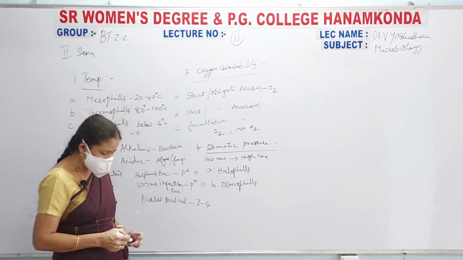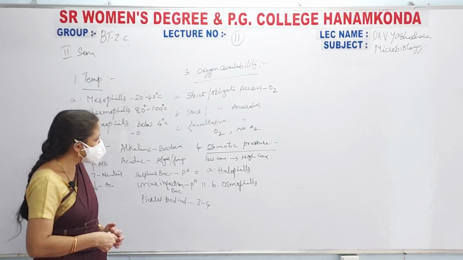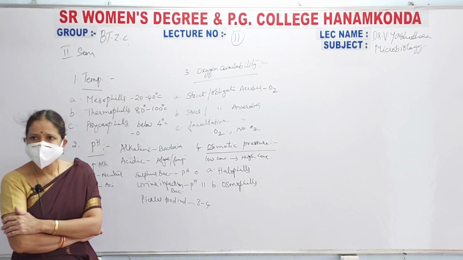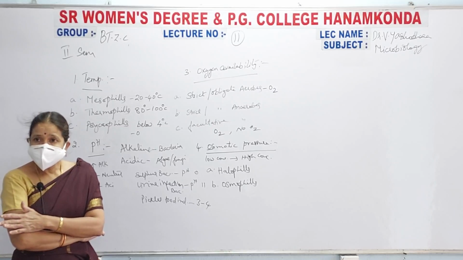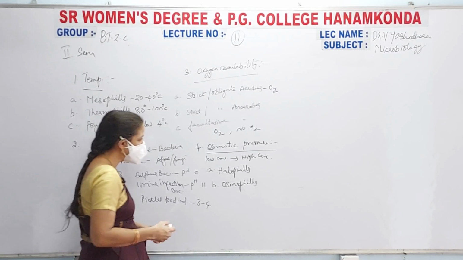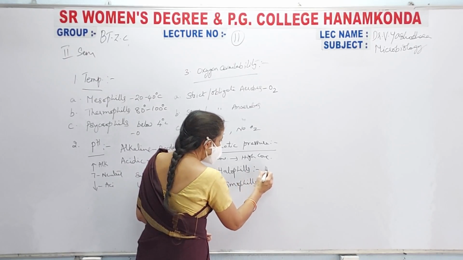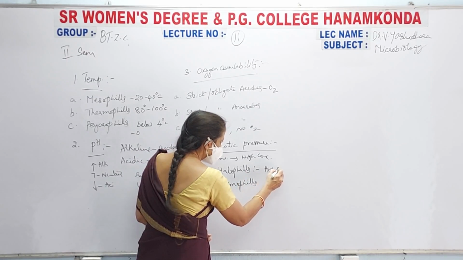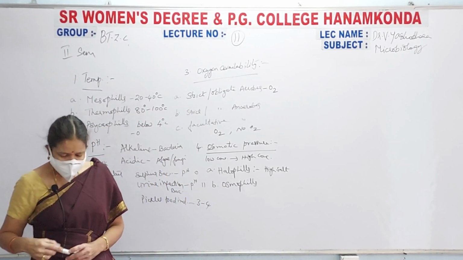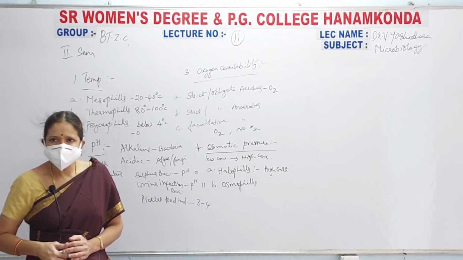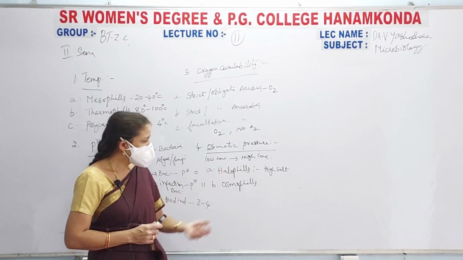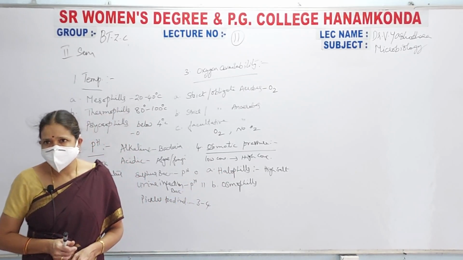See here, halophils are the microorganisms which can grow in high salt condition. That means high sodium chloride, calcium carbonate, such high alkaline condition is maintained, with a large amount of salts.